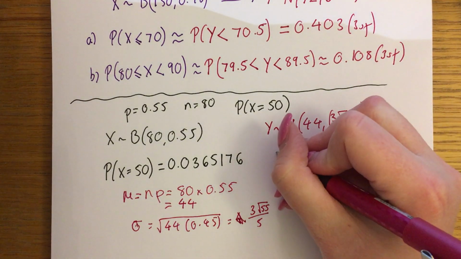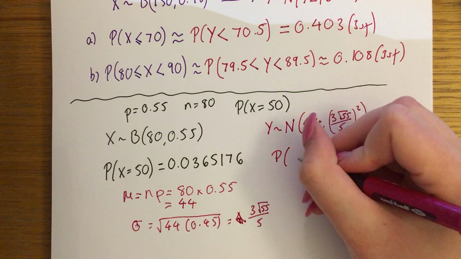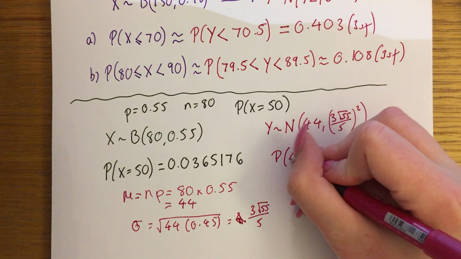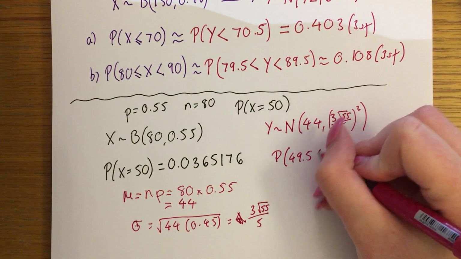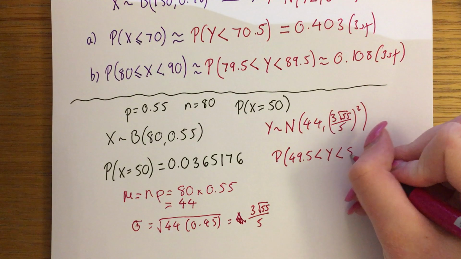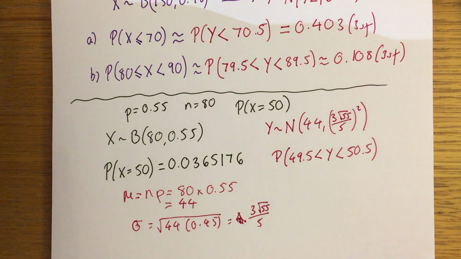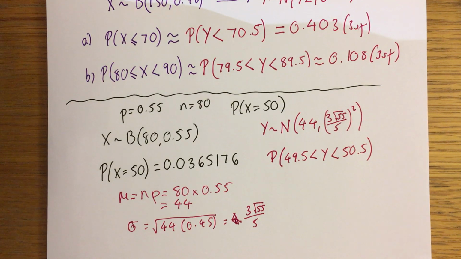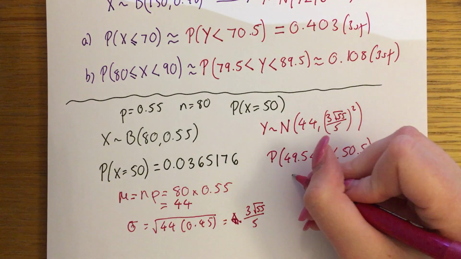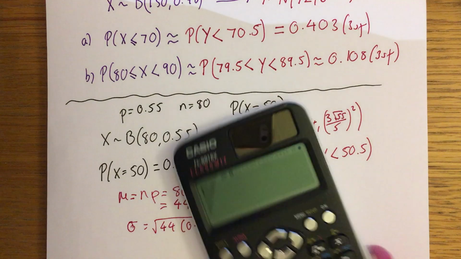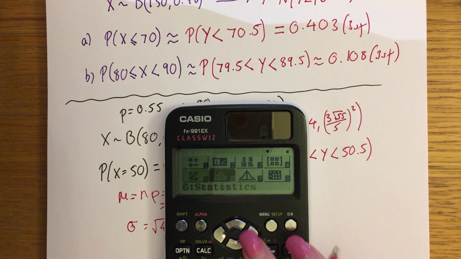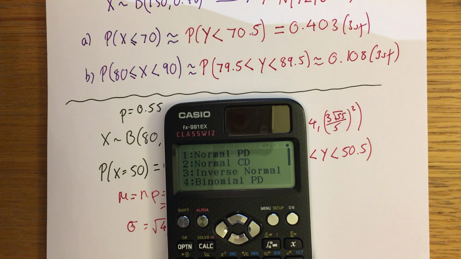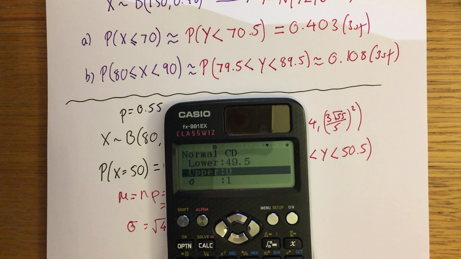So to approximate this, I would be approximating the probability that Y is between 49.5 and 50.5, because that is our lower and upper bound for 50. So I'm going to do this as inverse normal in my calculator. Not inverse normal, normal CD. So 49.5 is the lower bound, 50.5 is the upper bound.